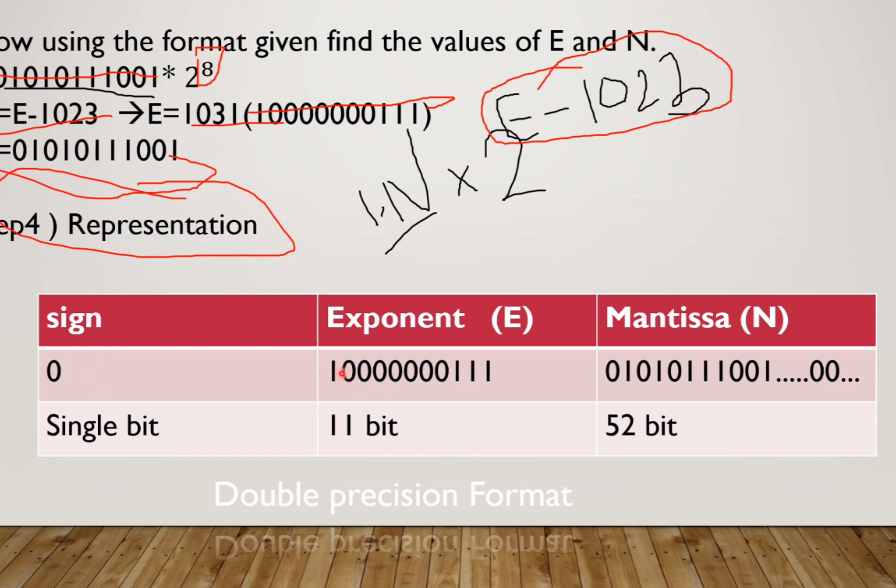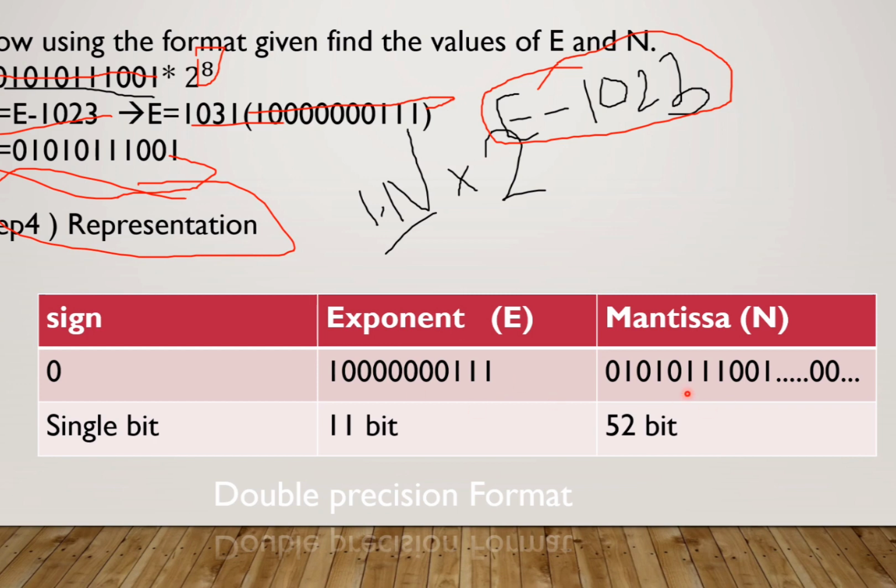And the exponent, we calculated the value of exponent. Just make sure that the exponent is always an 11-bit number. So just count: 1, 2, 3, 4, 5, 6, 7, 8, 9, 10, 11. If you want to check whether our answer is correct, count the number of bits of the exponent. If it is 11, you are correct.